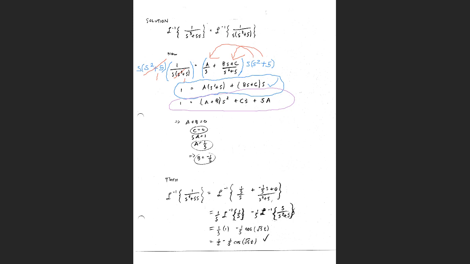Based on that, I can solve for a, b, and c because this is an equals. If the number 1 equals the right-hand side, then there's no s squared term. In other words, and I'm going into a little detail, 1 is the same as 1 plus 0 times s plus 0 times s squared.